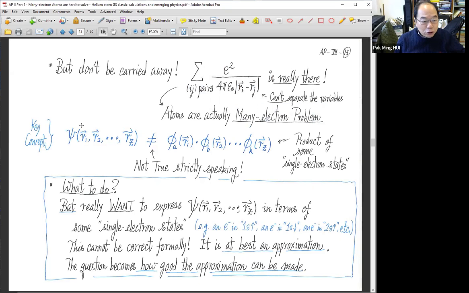The wave function should be a function of all the coordinates together. And it cannot, in principle, be written as a product of some single electron states. It cannot be done because it is a real many electron problem. Okay? So this is the main message up to this point.